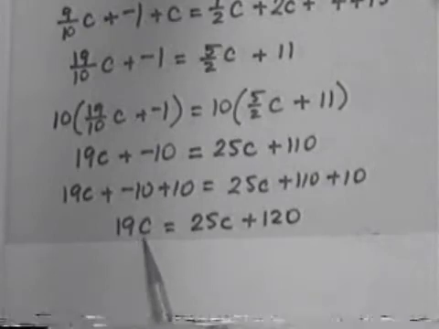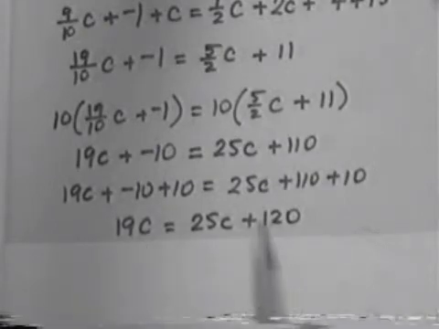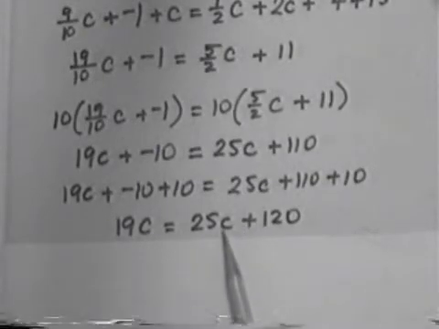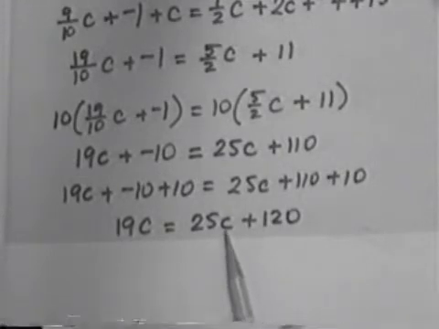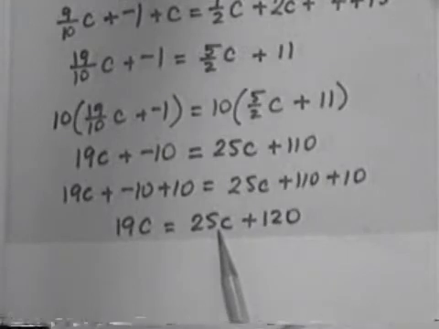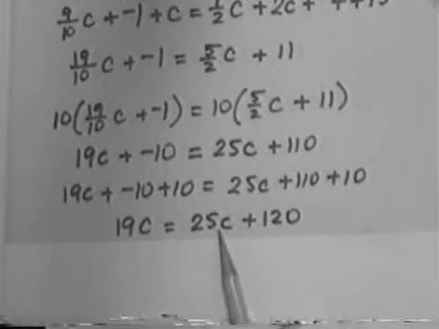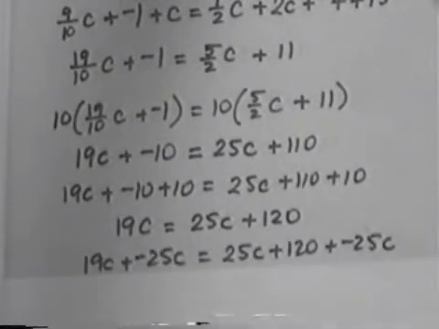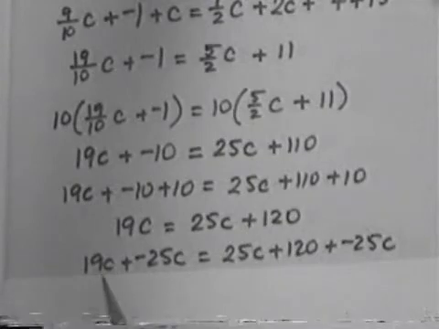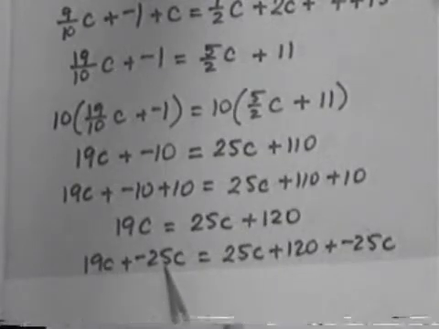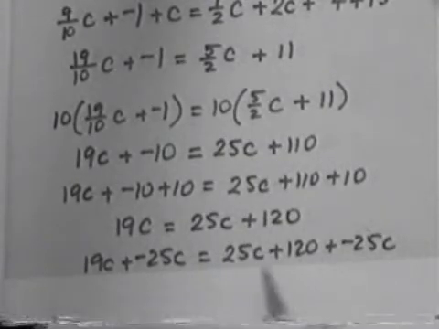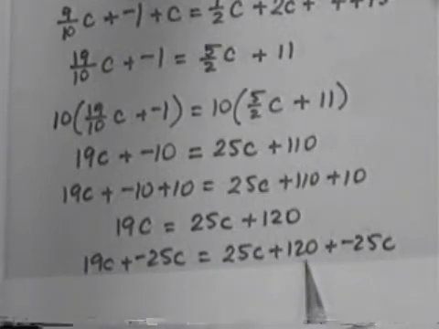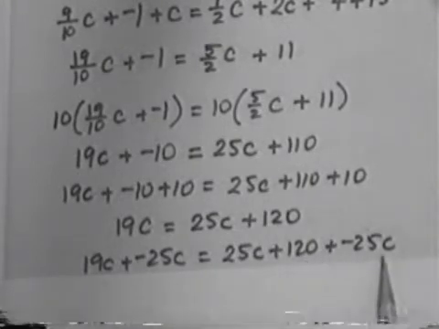Now we've got the variable on the left. On the right-hand side, we have a variable that needs to be piled up in the other side. So let's eliminate 25c from the right by adding its opposite. The opposite of 25c is negative 25c, so we add negative 25c to both sides of this equation. And that gives us 19c plus negative 25c equals 25c plus 120 plus negative 25c.